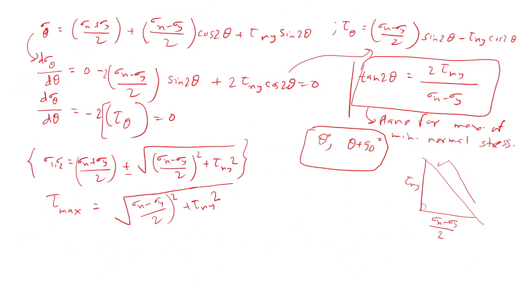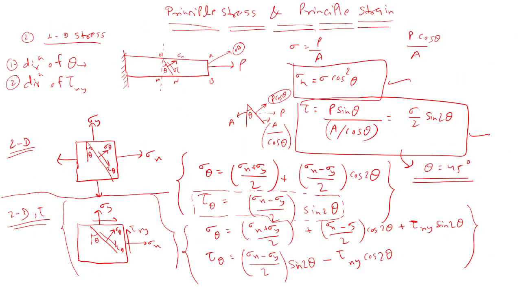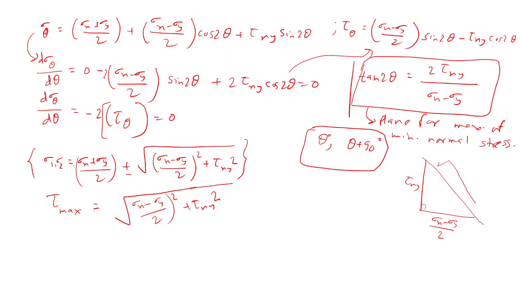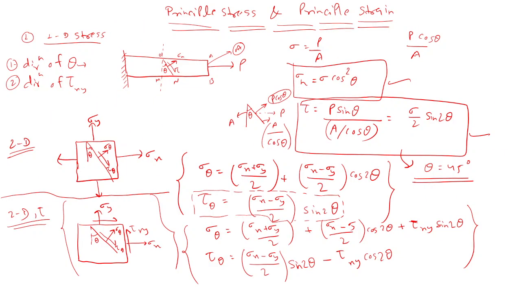This would be the theta, and there would be no shear stress, right? Because this is the principal plane. So there are only two cases where no shear stress is there. Apart from that, everywhere shear stress is there, in all planes. What are those two planes? Principal planes.